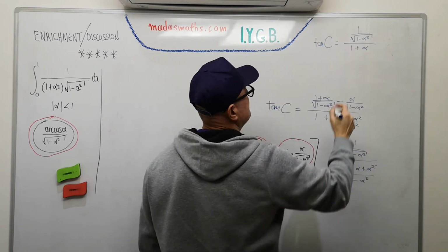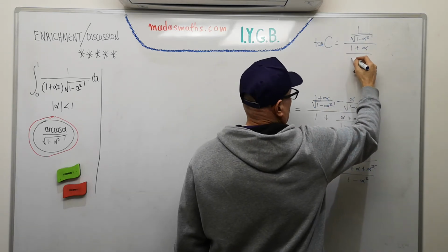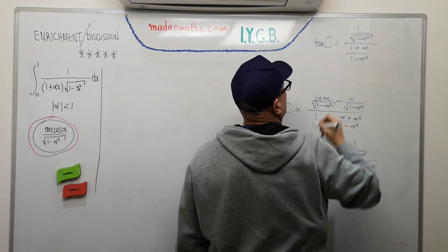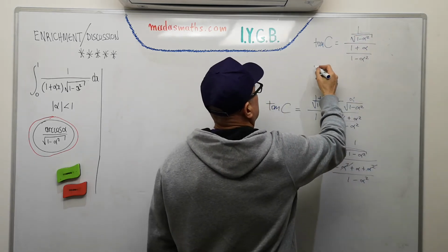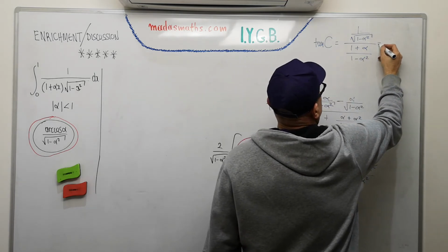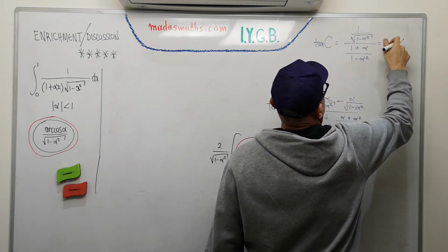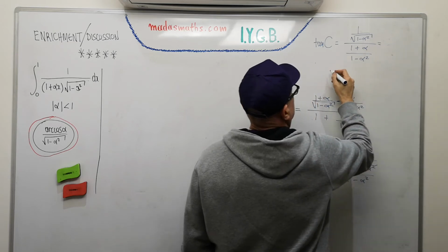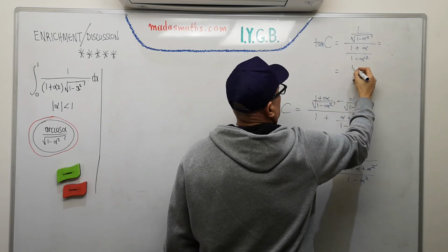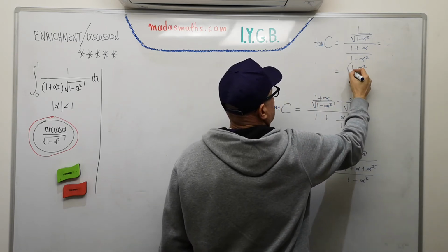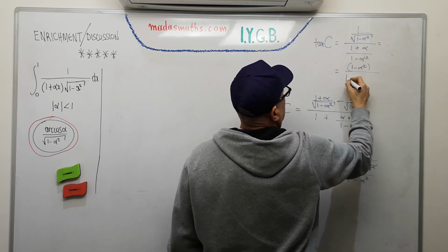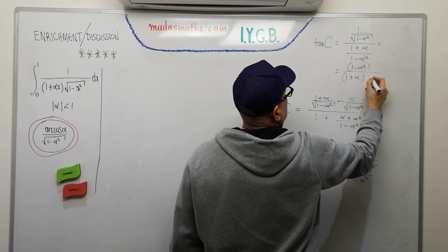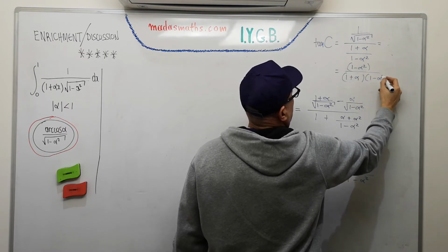I have to be careful I don't make mistakes here. Some of this will cancel, so if I write it as, move that to the top, I'm going to have to put the extra work in, so I'm getting very tired. I don't want to make a mistake at this stage now. That goes to the top, and at the bottom I have 1 plus alpha and 1 minus alpha squared.